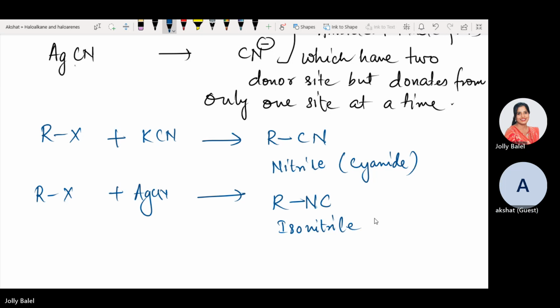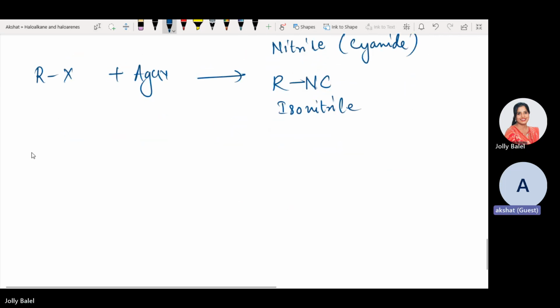Got it? In your syllabus, two ambident nucleophiles are there. One is CN, the other one is NO2. Let's discuss that as well. If you are using KNO2, NO2 is your nucleophile, but oxygen will be your donor site.